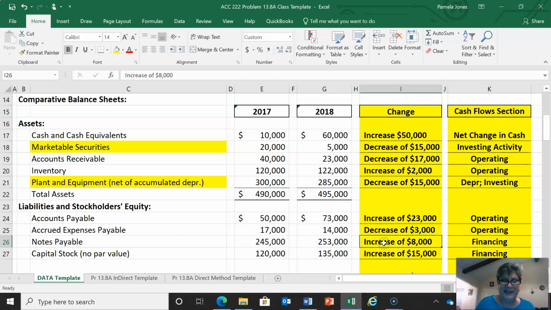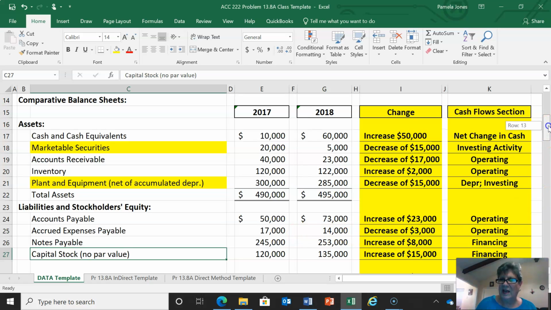We see that notes payable increased by $8,000, but we know from the investing activities section that part of that change was due to $18,000 that was borrowed to buy some plant and equipment. So not all of the change in notes payable is due to the $8,000, is what I'm trying to get my mouth to say. Then we've got capital stock that increased by $15,000.